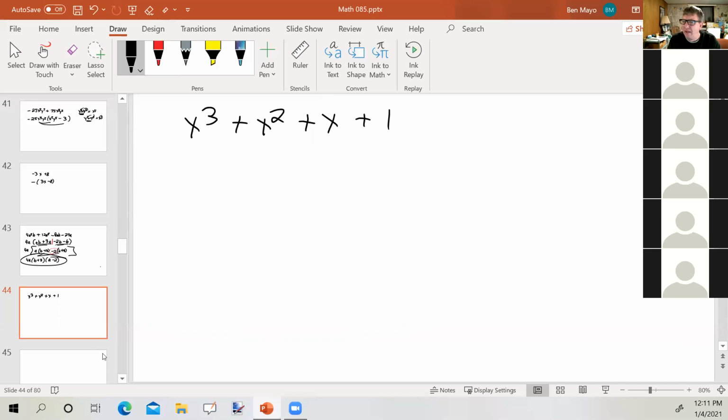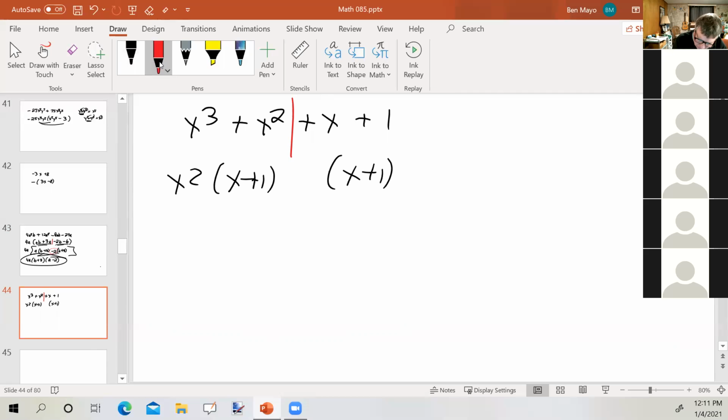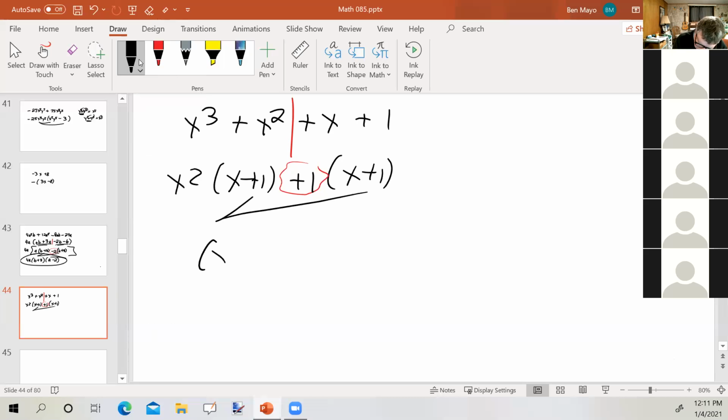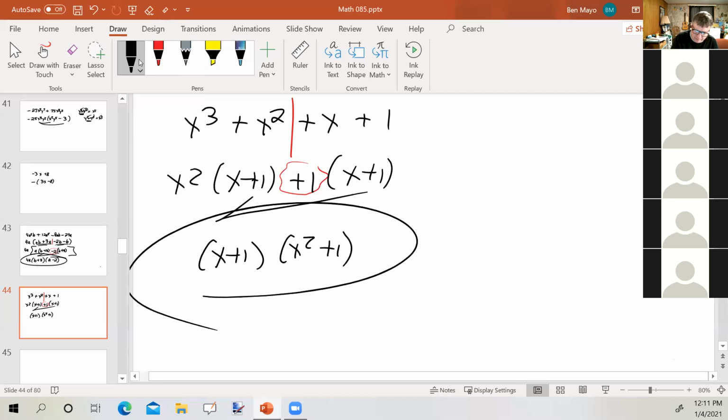There's no greatest common factor for all 4 terms, but if I split it up into 2 groups of 2, I'd have an x squared and an x plus 1. Over here, I'd have an x plus 1. What would go out here? 1. And what about the sign in front of it? Plus. Right. So now I can take out x plus 1 and have x squared plus 1. And there you have it.